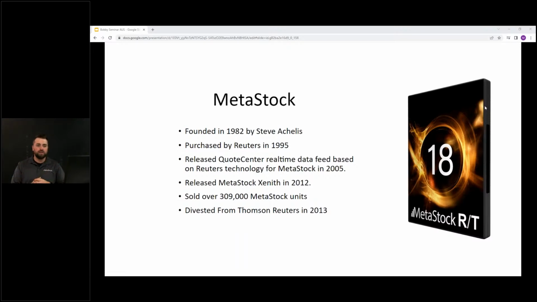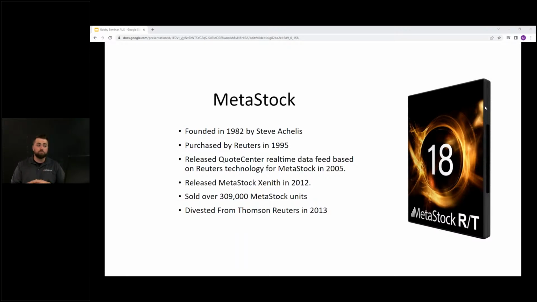And there we were, with a floppy drive you would have to use in order to use our technical analysis software. We were purchased by Reuters back in 1995, and we released Quote Center with a real-time data feed based on Reuters technology for MetaStock in 2005.